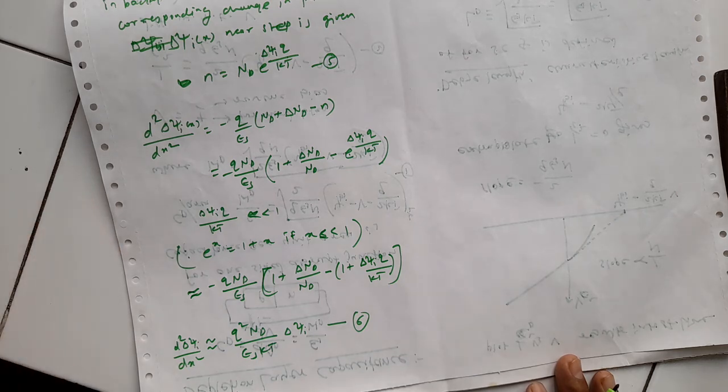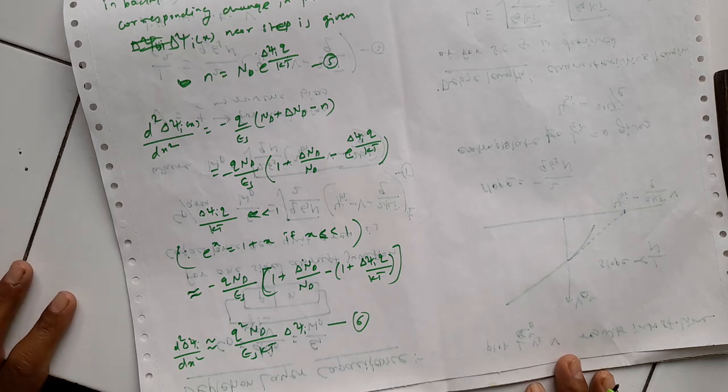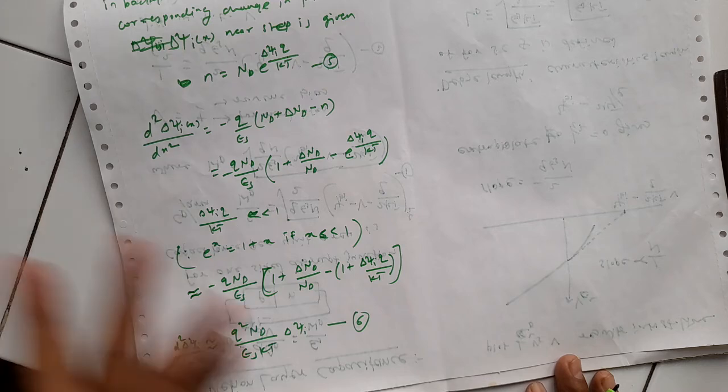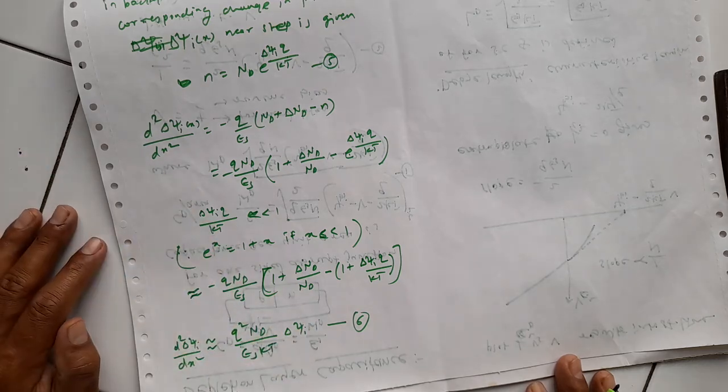The Debye length as a function of the doping density for silicon at different temperatures can be seen in your reference books.